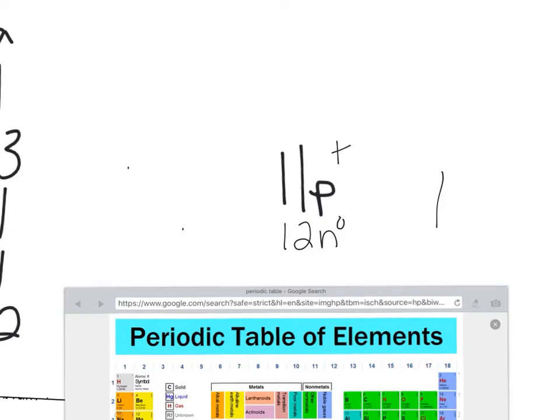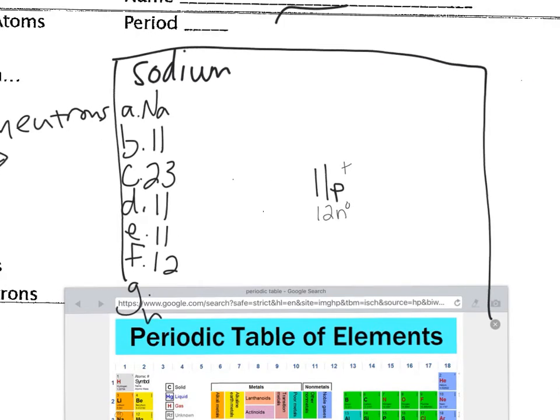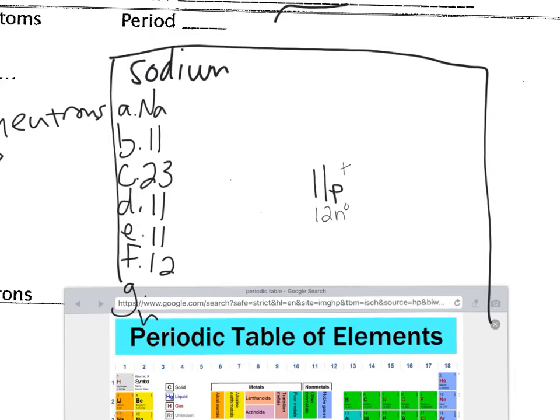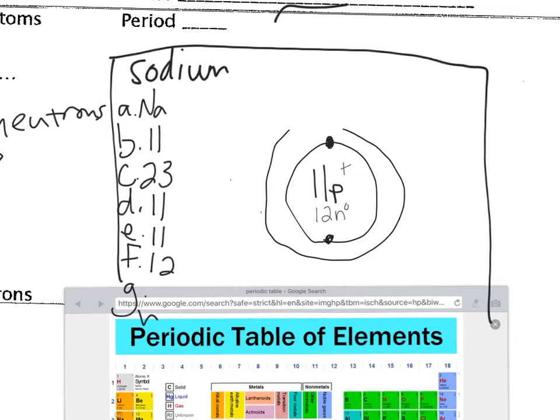And then I'm going to draw my energy levels. If I have 11 electrons, I'm going to draw those in. I've got 2 that can go in the first energy level. Remember, that first energy level can only hold 2. The second can only hold 8. You guys won't worry about it because the most that you'll have is 8.